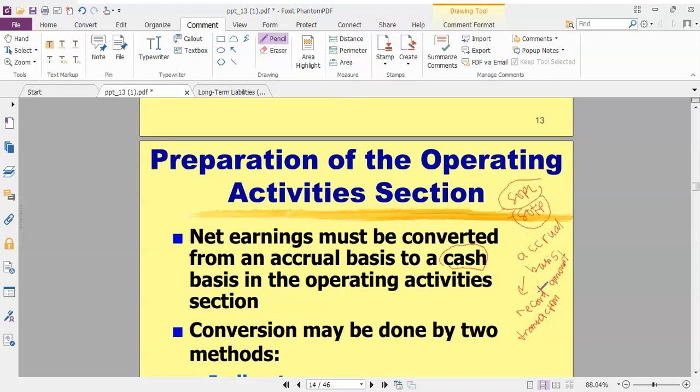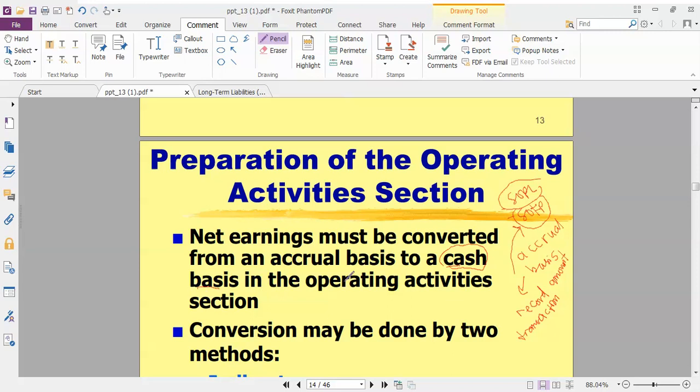Even though we did not get the money yet or did not pay the expenses yet, because of the accounting period we should record them in the SOFP and SOPL. But for the statement of cash flow, we use the cash basis only.